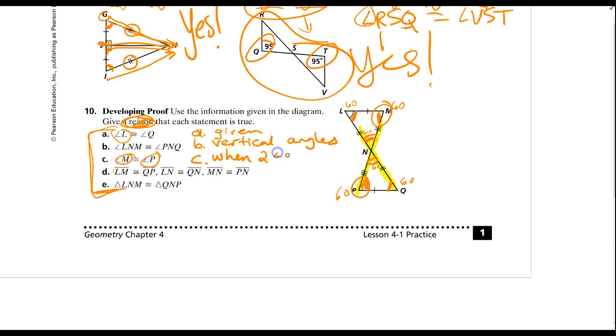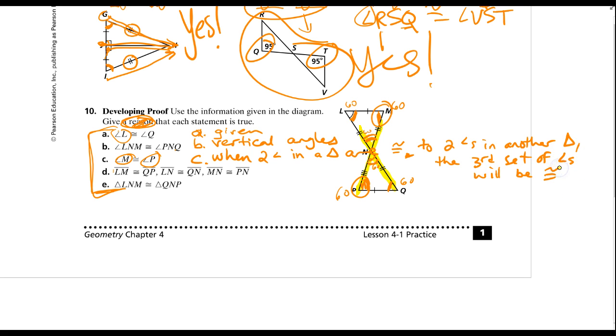When two angles in a triangle are congruent to two angles in another triangle, the third set of angles will be congruent.